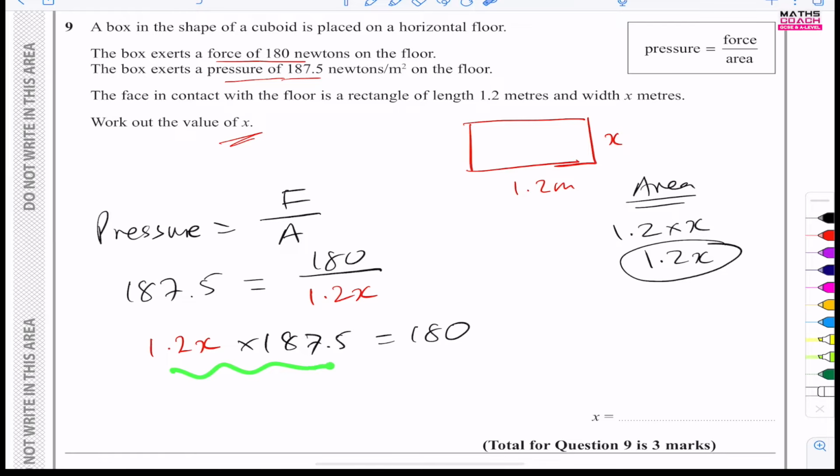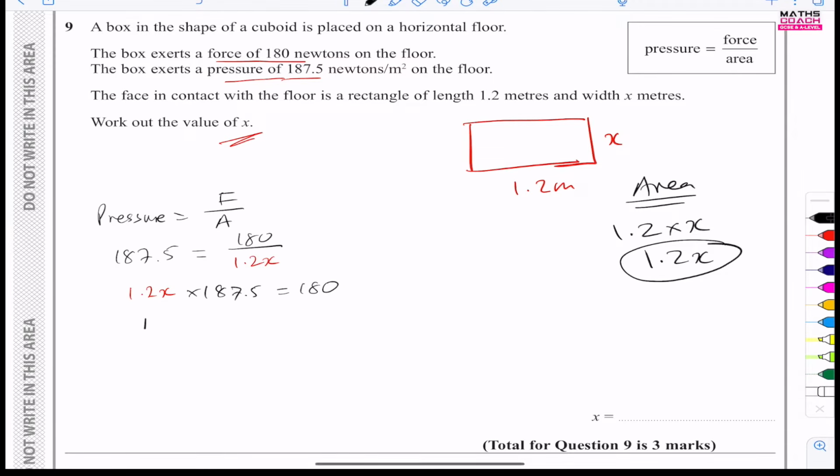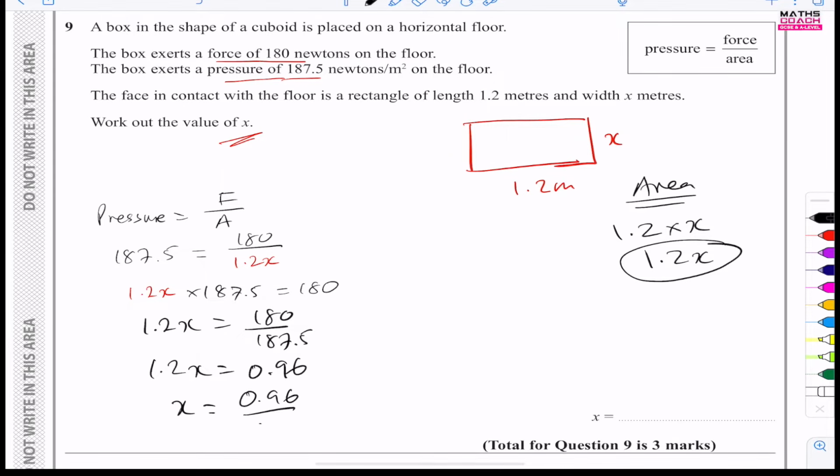I'm not going to actually multiply this. What I'm going to do instead is divide this side by 187.5 to get rid of this here, and that will divide over here. So I get 1.2x is equal to 180 over 187.5, and that gives me on that side 0.96. Finally, to find out what x is, I'm going to do 0.96 divided by 1.2, and x is equal to 0.8. So the answer for x is 0.8.